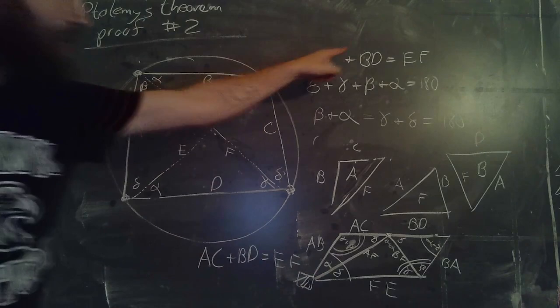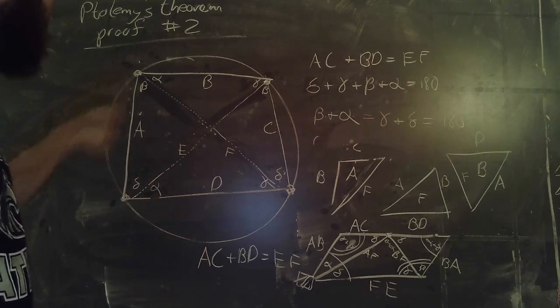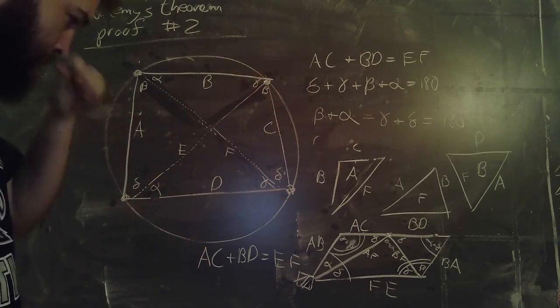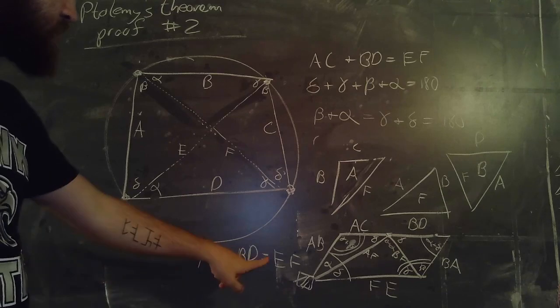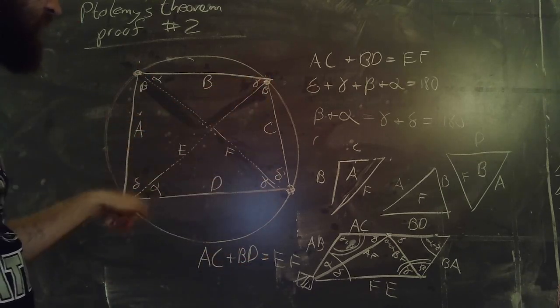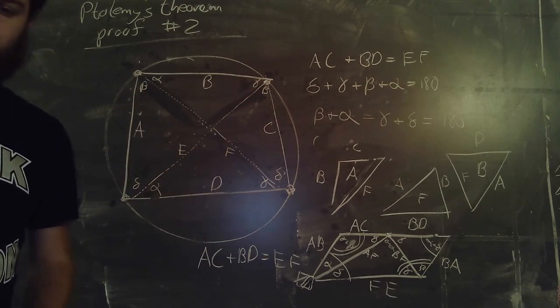But that's precisely the statement of our theorem. Notice that the product of side A and side C plus the product of side B and side D is precisely equal to the product of the diagonals E and F. And that is the proof for Ptolemy's theorem.